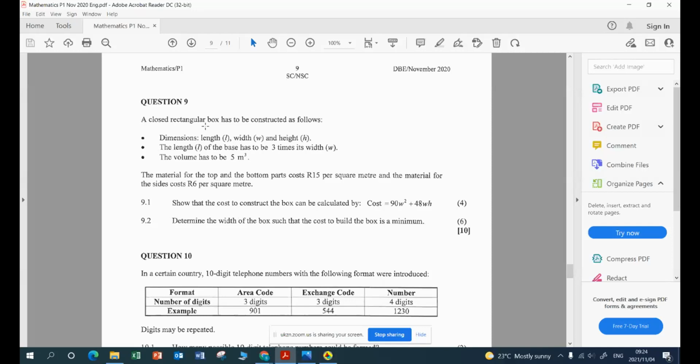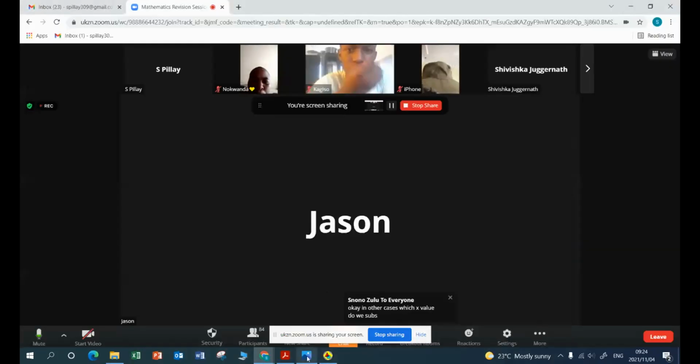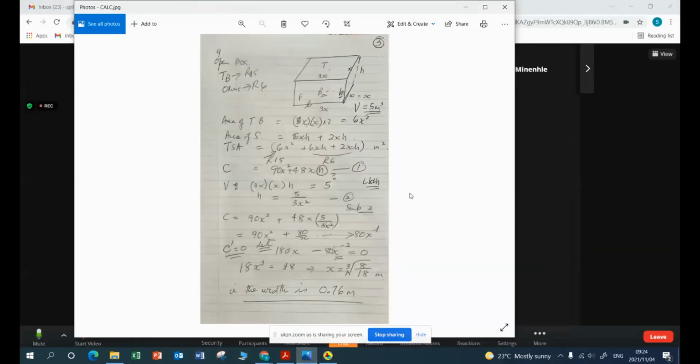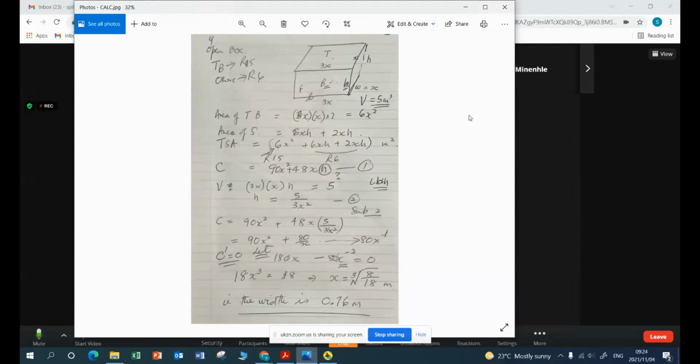Also note that it's a closed box, as different from an open box. Okay, so let's look at this diagram here. Right, this is a closed box.